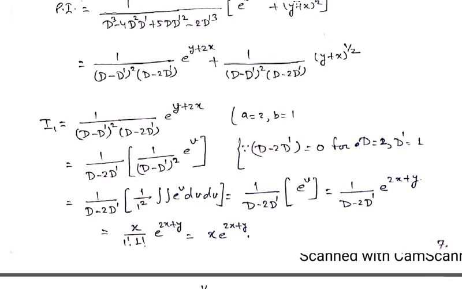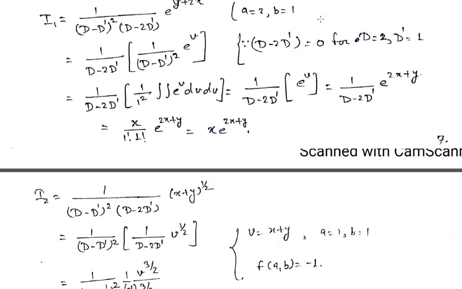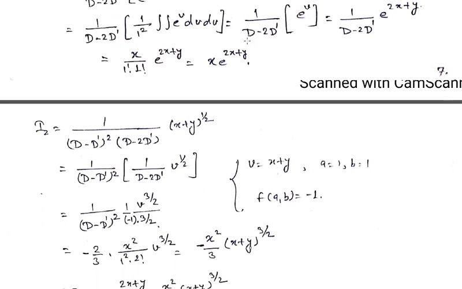Now we calculate PI for (x + y) raised to power half. So here when we replace D with 1 and D' with 1, this factor becomes 0, but this factor is non-zero. First we calculate PI of (x + y) raised to power half about this second factor.